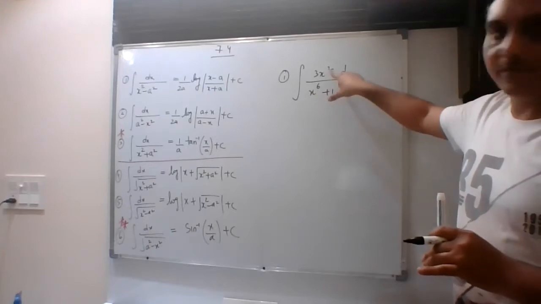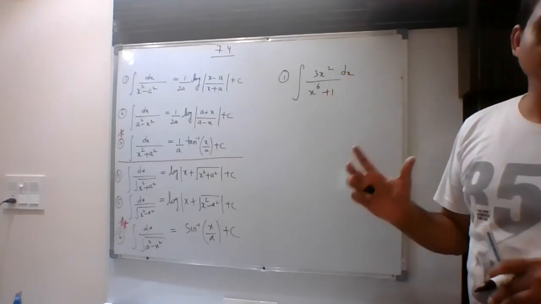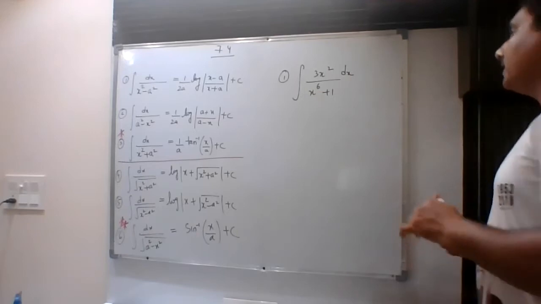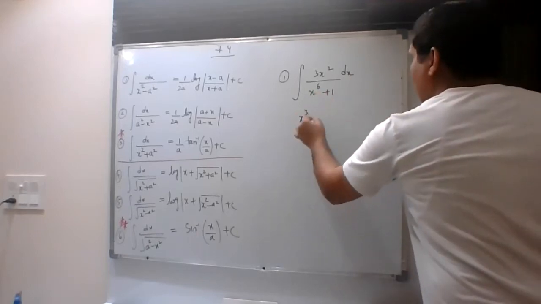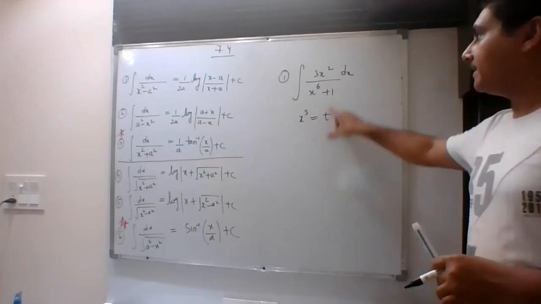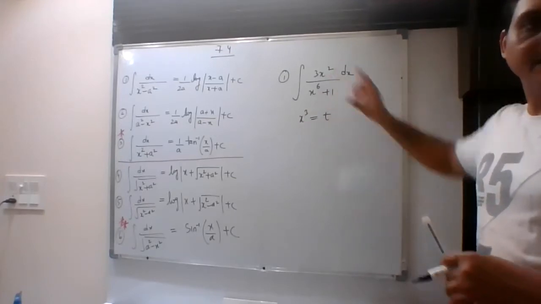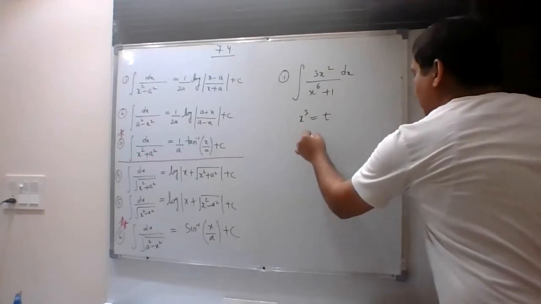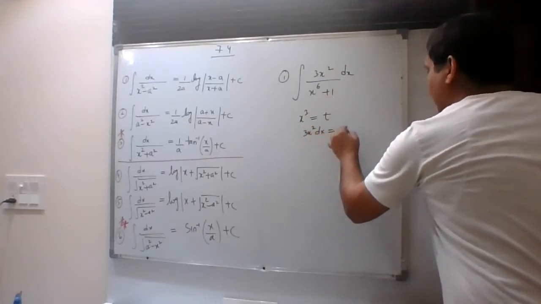So you cannot correlate with the numerator. That means you have to think of something else. What we can think is we can put x to the power 3 as t. Then obviously its derivative will be correlated with this one. So I can write 3x square dx as dt.